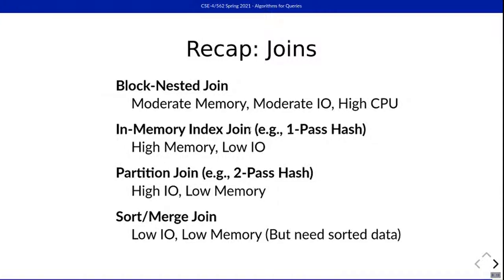Block-nested loop joins support any predicate we care about, but they do require a fair amount of memory, and a fair amount of I/O, and they will have a high CPU cost. In-memory index join has a high memory cost, but a low I/O cost. Partition join has a high I/O cost, but a low memory cost. And then sort merge join has a low I/O cost and a low memory cost, but you need the data to already be sorted.